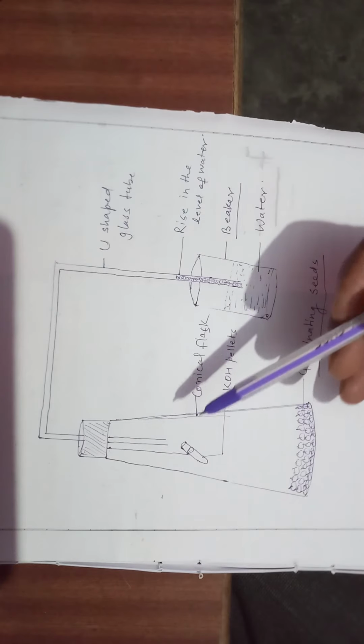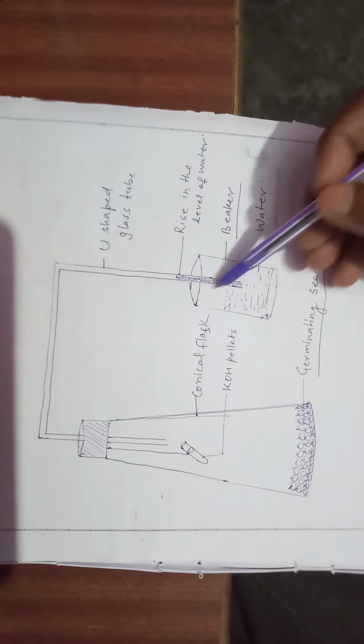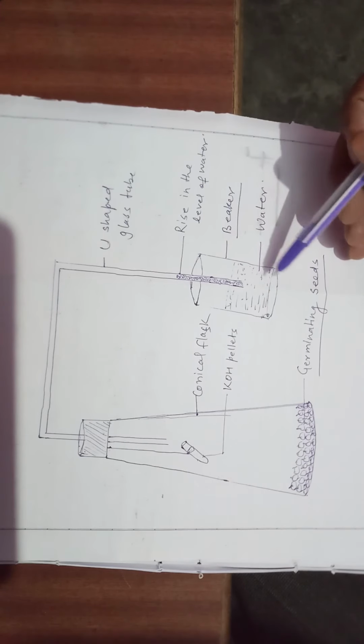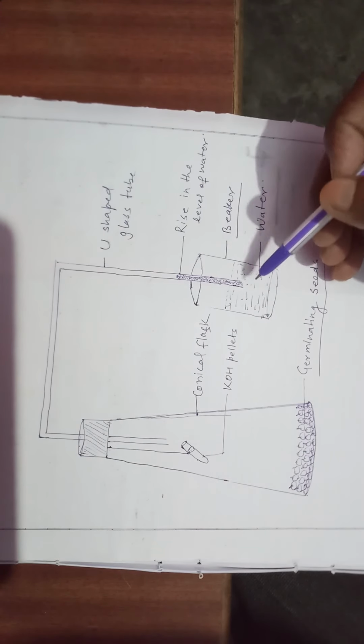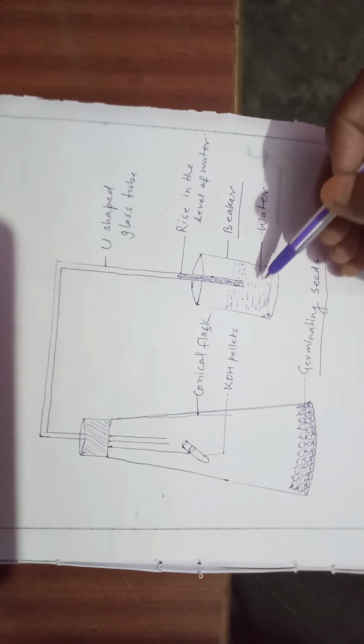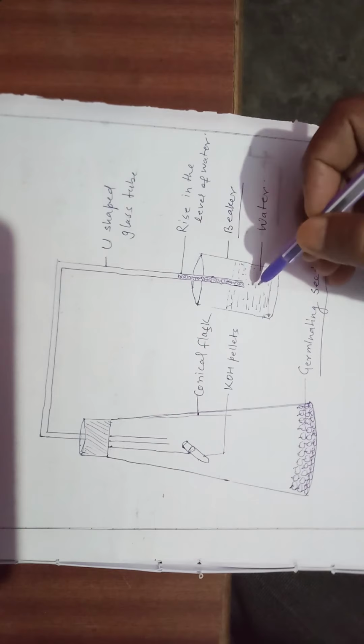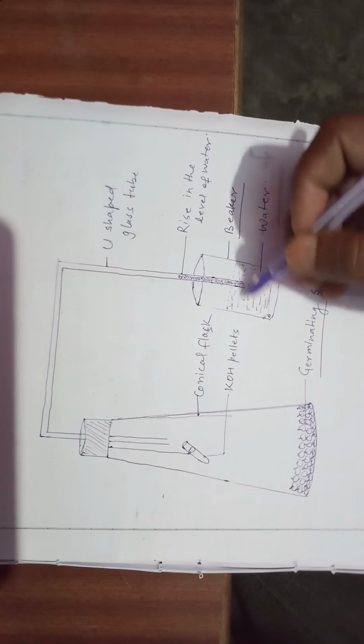Now dip the free end inside the beaker containing water and make the water colored by putting a few drops of eosin.